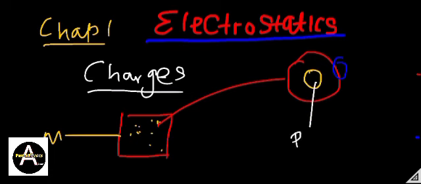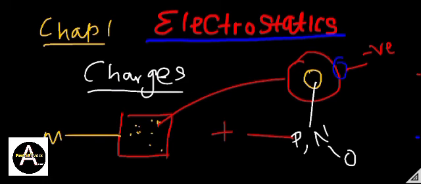Proton, right? And neutron, right? Now the proton is positively charged, while the neutron has no charge. The neutron has zero charge. And the electron is negatively charged.